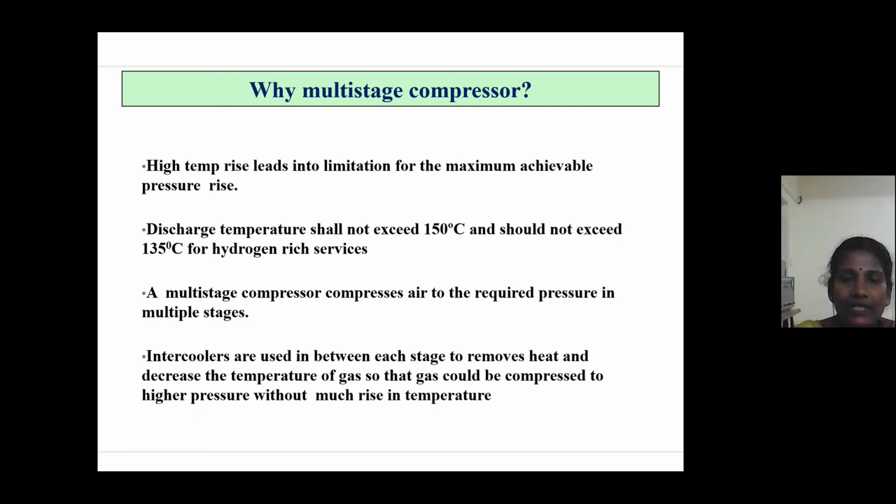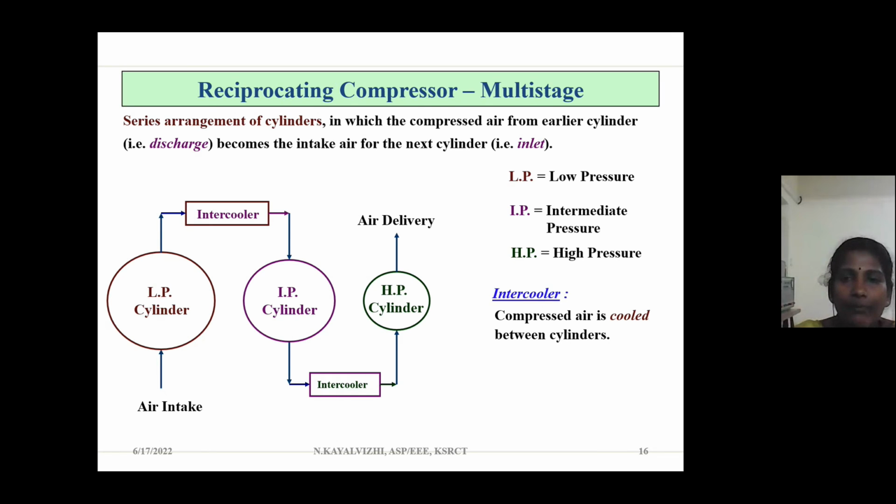So a multi-stage compressor compresses air to the required pressure over multiple stages. Intercoolers are used between each stage, and they remove heat and decrease the temperature. That is why we use multiple stage compressors. Here are the reciprocating compressors with multiple stages.